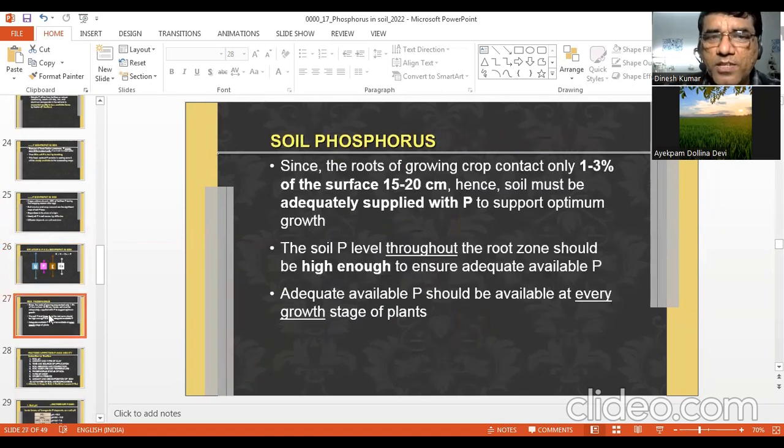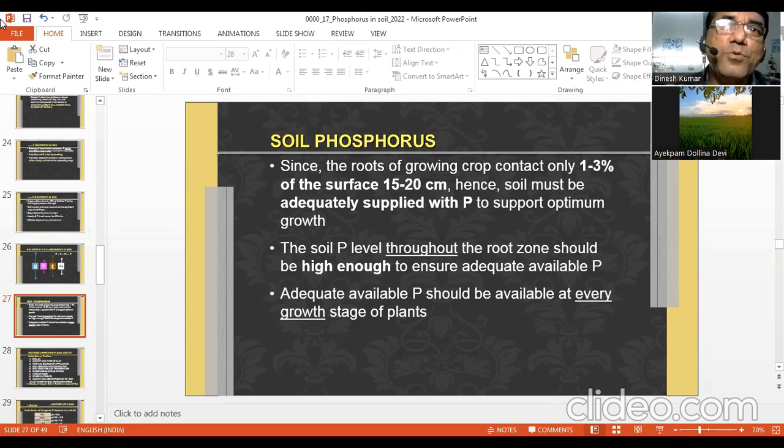Now, the roots of a growing crop contact only 1 to 3% of the soil surface, in the 15 to 20 centimeter depth. So that means a very low volume of soil is occupied by the roots, only 1 to 3% of the soil volume. So soil must be adequately supplied with phosphorus to support optimum growth.